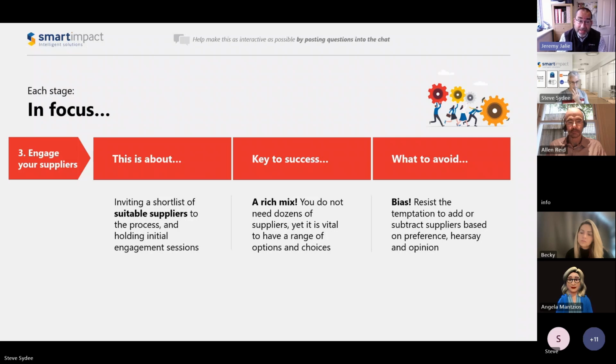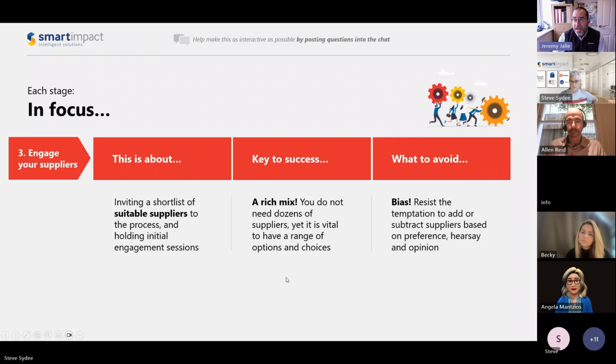If you try to do more than that, you run the risk of it turning into a beauty parade. You run the risk of suppliers just looking at the process and saying this is not a serious process and walking away. And you run the risk of just spending a lot of time confusing yourselves, because there's going to be a hell of a lot more similarity between what providers can deliver than differences in reality.